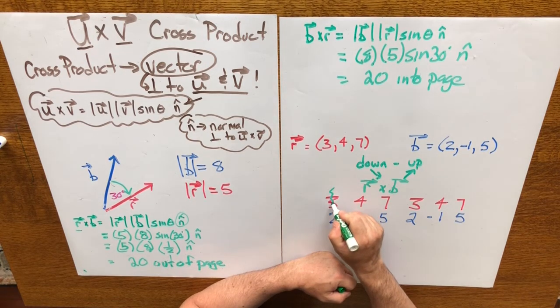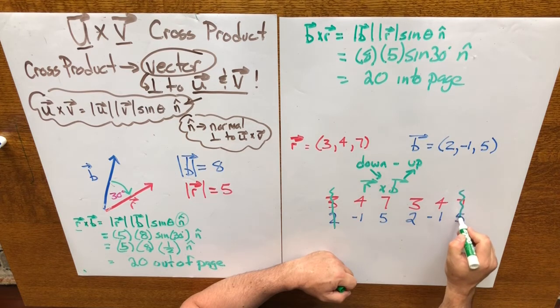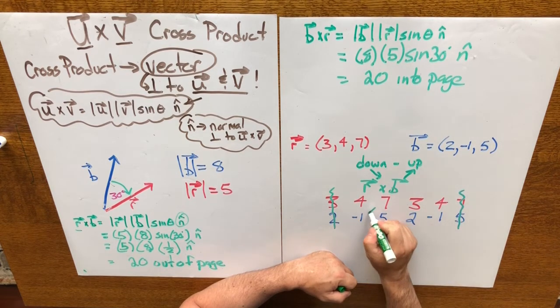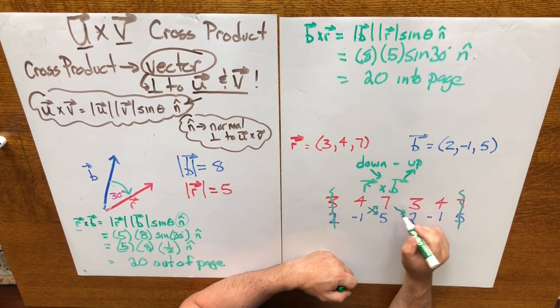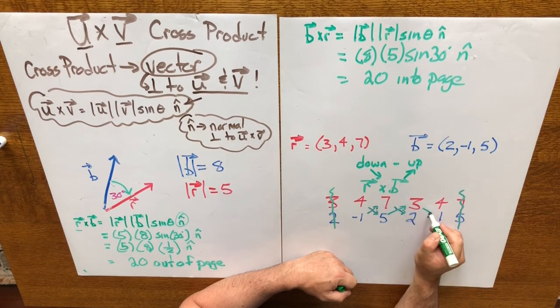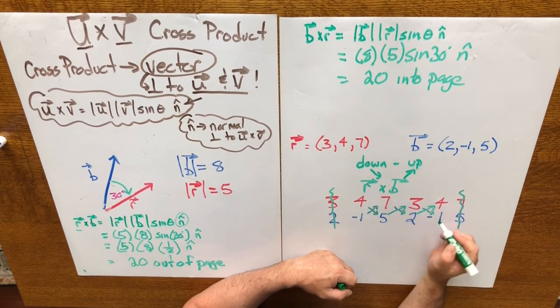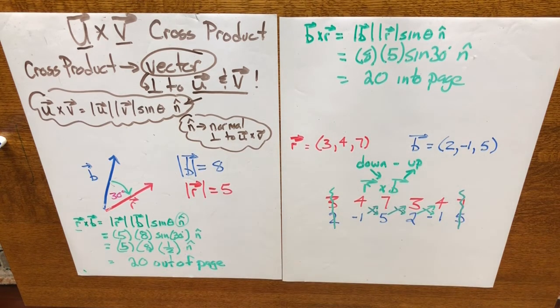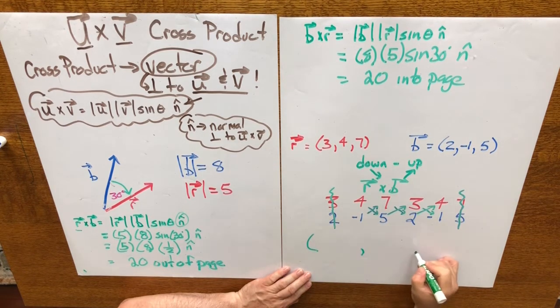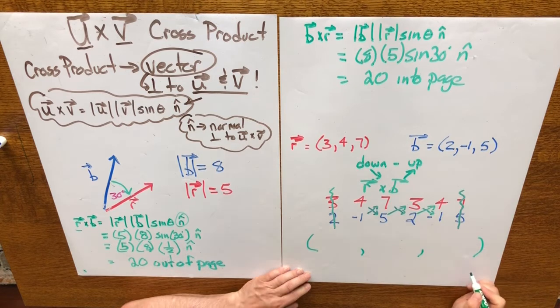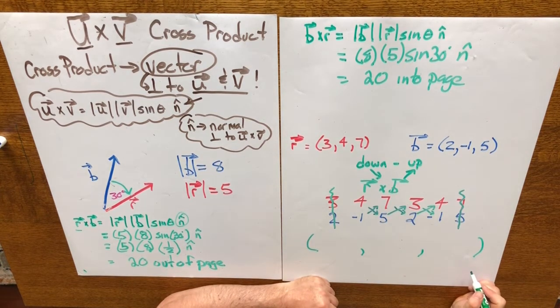So first of all, we forget about those, and we make these 3 crosses right here, and this is the down, and this is the up. Down, up, down, up. So in that case, we're going to create an ordered triple like this, a vector that's going to be perpendicular to both of these.